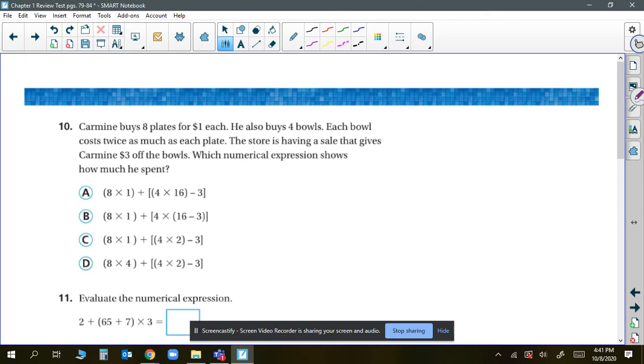When I do something like this, I like to write it out. So 8 plates for $1 each. It's going to be 8 plates times $1. And then he also buys 4 bowls. So we know we're going to do that.